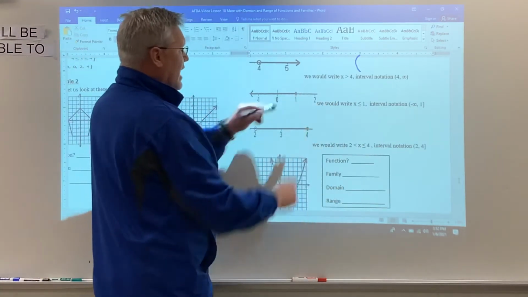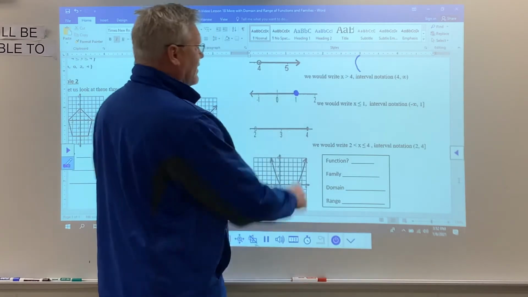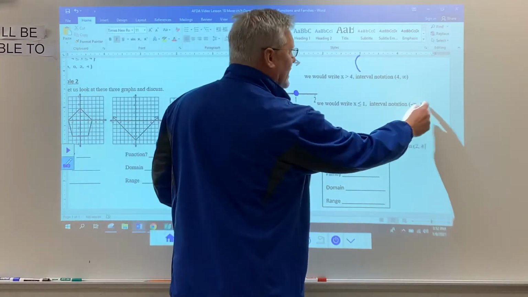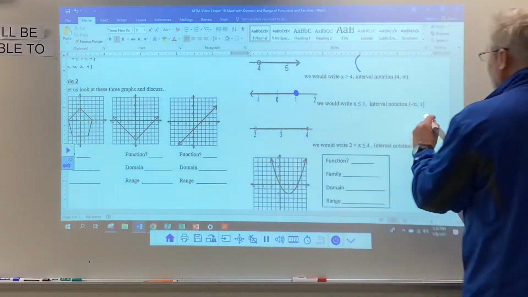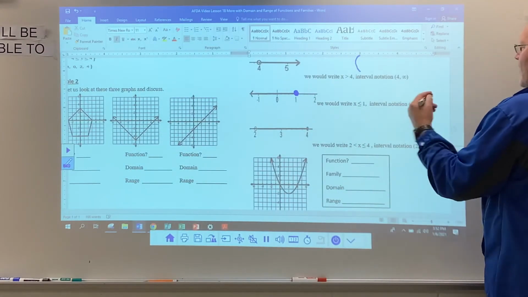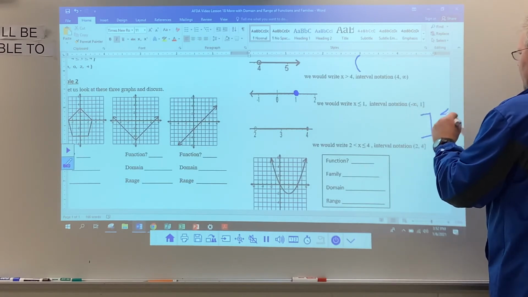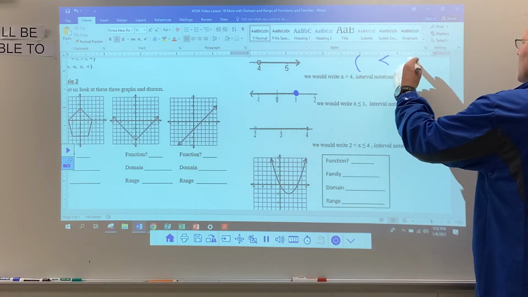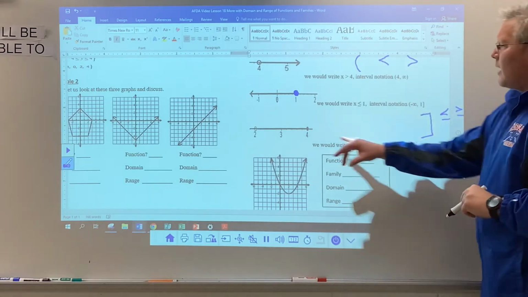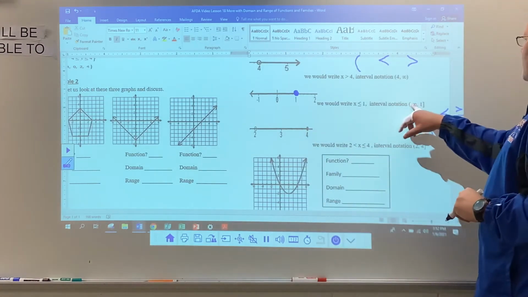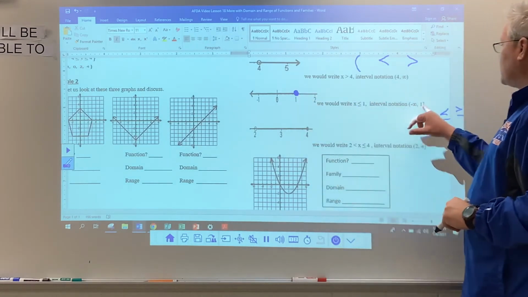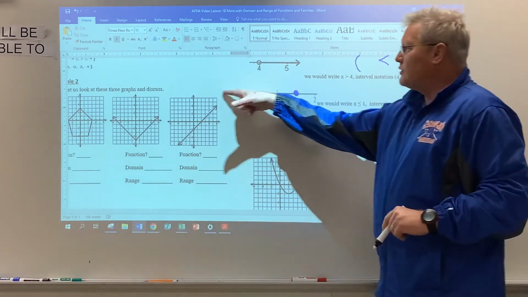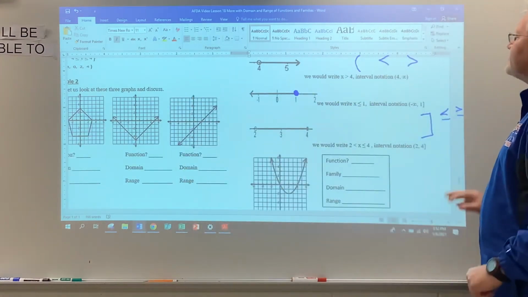Let's look at this one. It's a solid dot right there on 1, and it's shading to the left. So notice my bracket here, and that a lot of times will go with this inequality symbol. So it starts there, and we include the 1 with that bracket, and it goes to infinity in the negative direction.